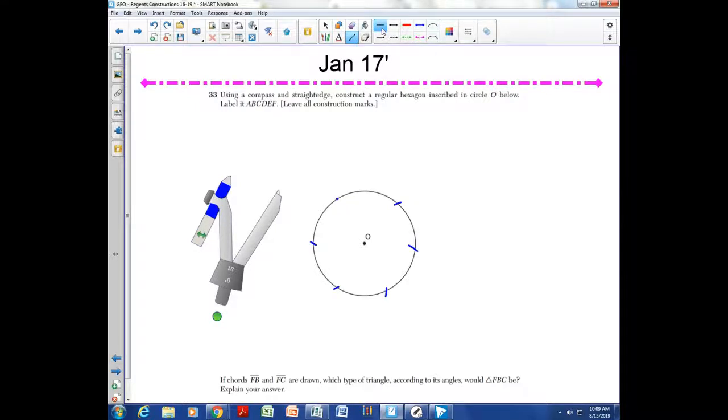I'm going to connect now. There's 1, 2, 3, 4, 5, 6. You can see it's a little bit off, but that's okay. That's just the smartboard. Label it A, B, C, D, E, F, right? Whenever you're labeling any polygon, you can really start the A anywhere you like.